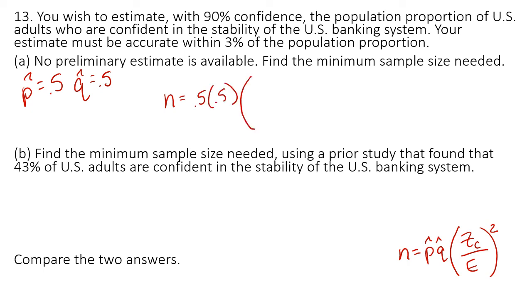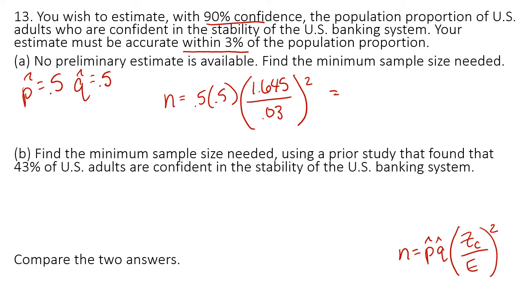So we've got those two in place of our p-hat and q-hat. Here we want to be how confident? We want to be 90% confident, so that's 1.645. And our margin of error, we want to be within 3%. So 3% in decimal form is 0.03. So that gives us that 0.03 in the bottom.